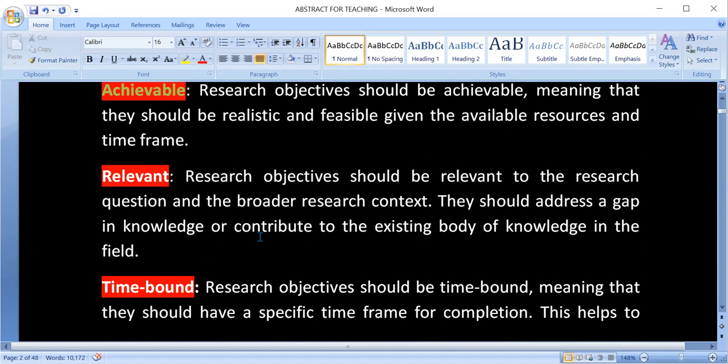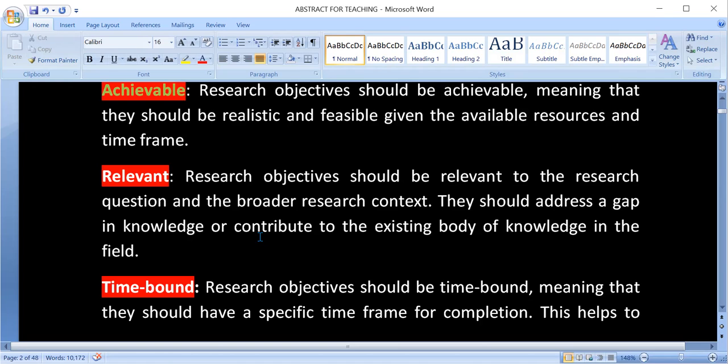Achievable. Research objectives should be achievable, meaning that they should be realistic and feasible given the available resources and time frame. Relevant. Research objectives should be relevant to the research question and the broader research context.